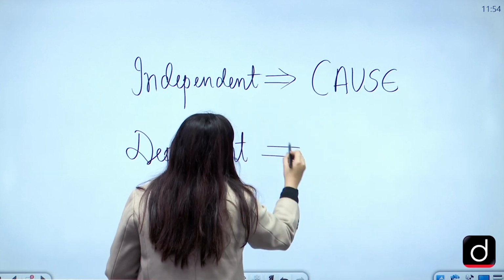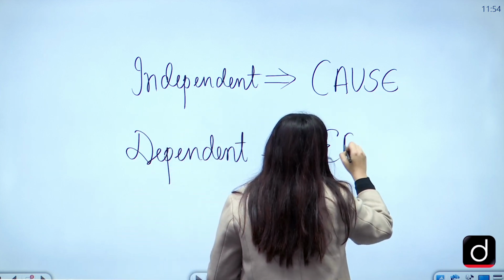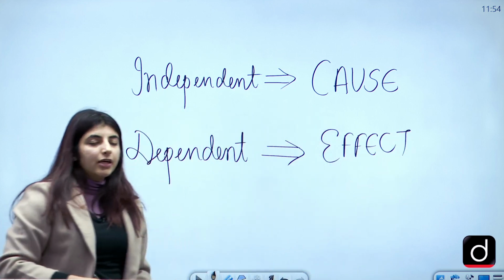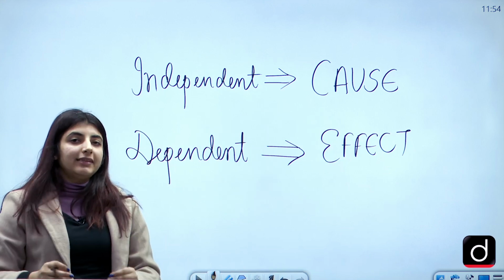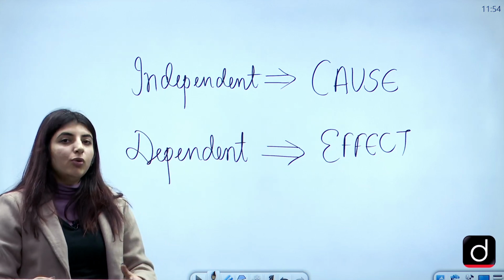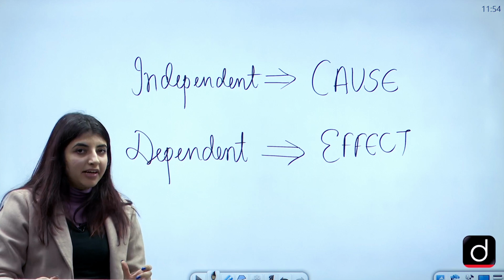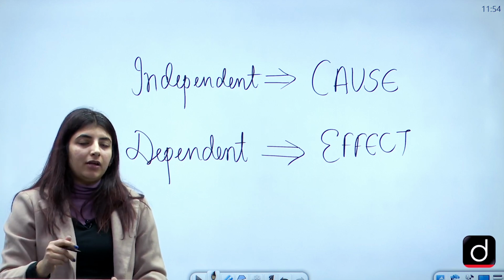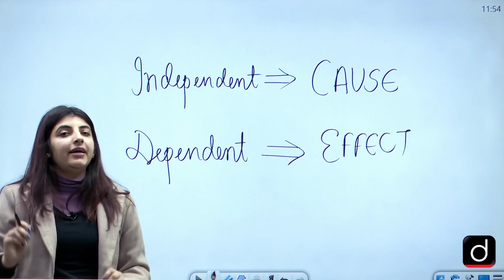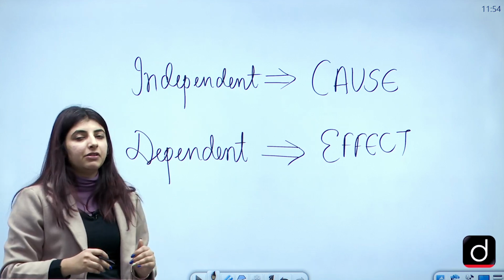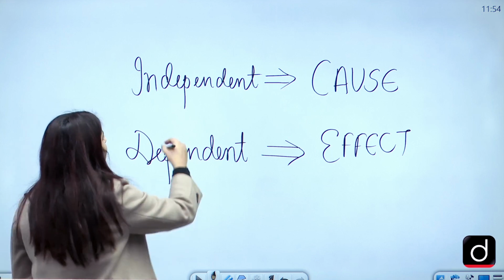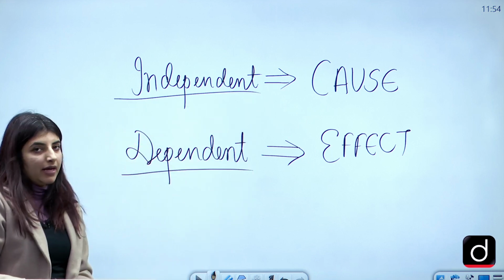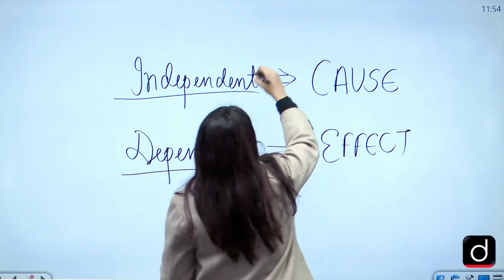And the dependent variable is known as the effect of something. Correct? So whenever you see that a particular thing is having an effect, the effect will be termed as the dependent variable because it is depending on the change in the independent variable. One more thing that I would like to add here, which has been asked multiple times in the previous year questions, right? Was which variable is the one which is manipulated every time? It is the independent variable.